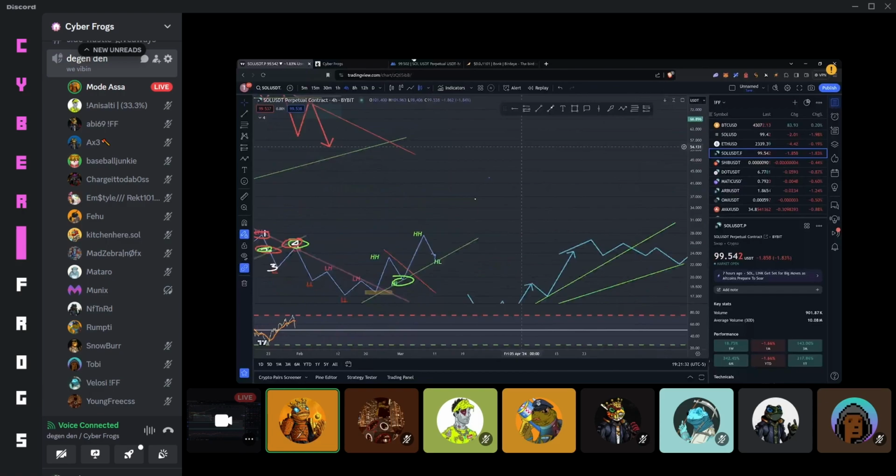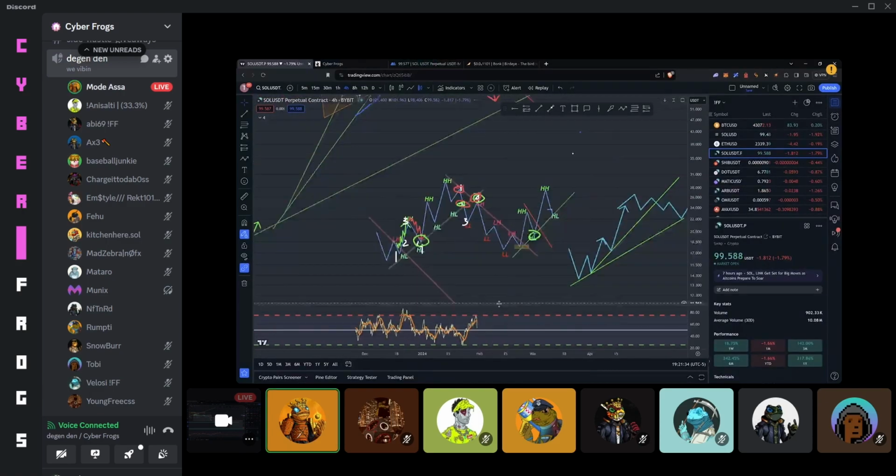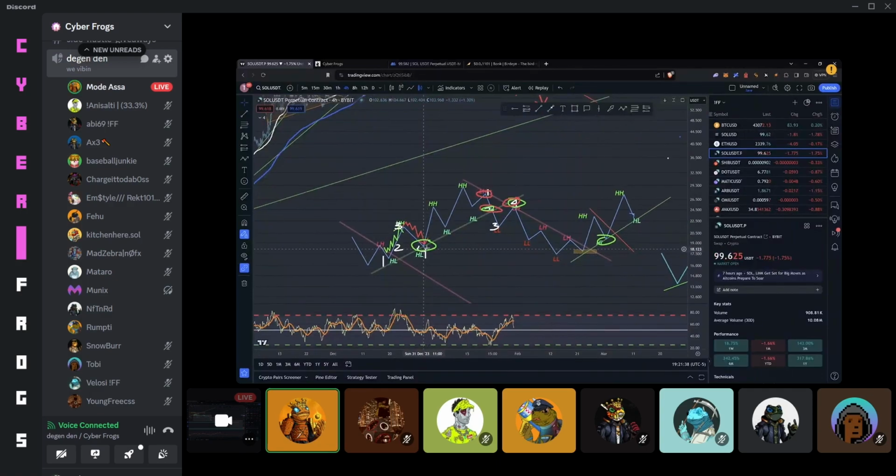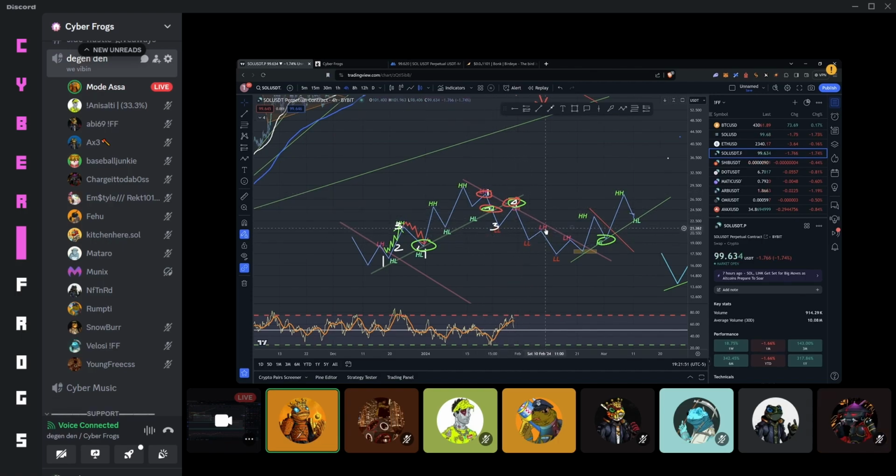So what we want to see is either something change, a lower high or a higher low, right? We want to see something that is not consistently lower high, lower low, lower high, lower low. Same with the uptrend. We want to see something different than higher lows and higher highs, higher low, higher high.